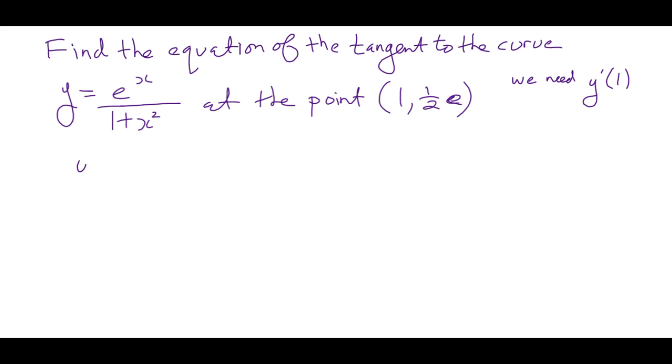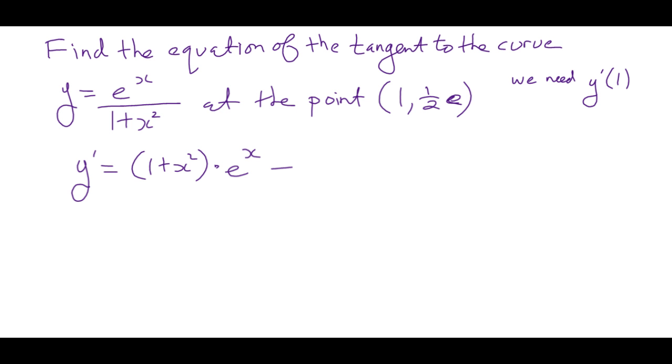Okay, so y prime equals. So quotient, right? You go with quotient. It's the denominator times the derivative of the numerator, which is e to the x, minus, so remember that's what you're looking at, right?